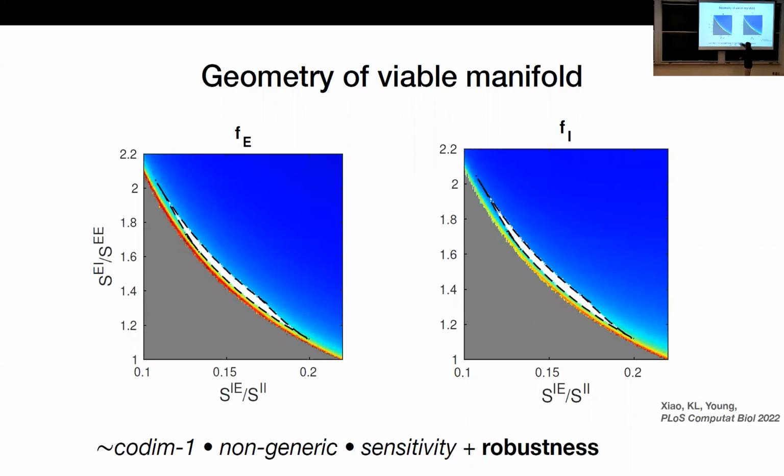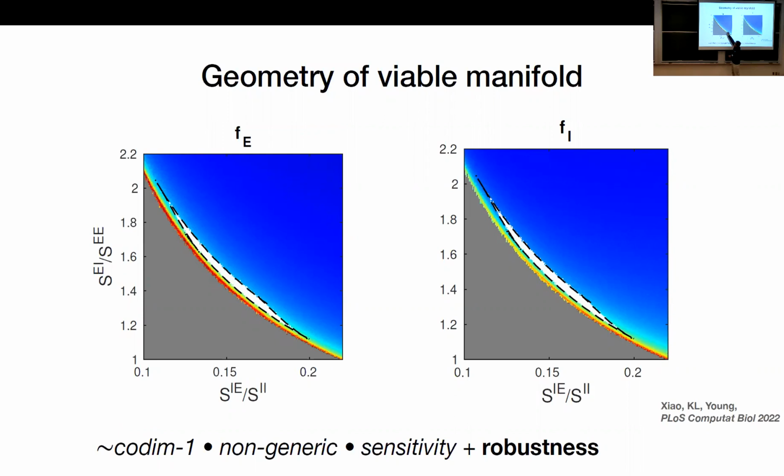The other thing that's curious is that the set of parameters that's compatible with the firing rates is roughly codimension 1. Now, if you have a submanifold defined by 2 functions that are, in some sense, independent, then you should expect generically codimension 2 level sets.